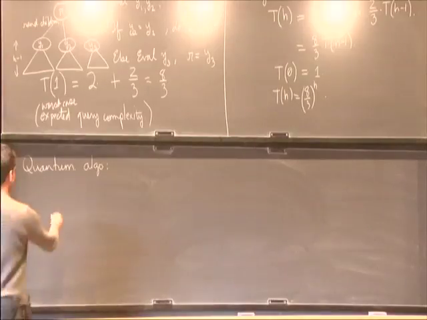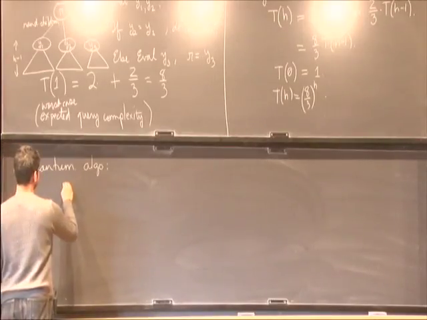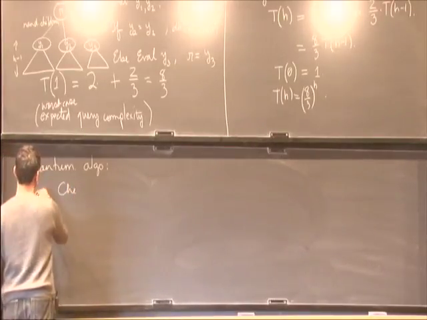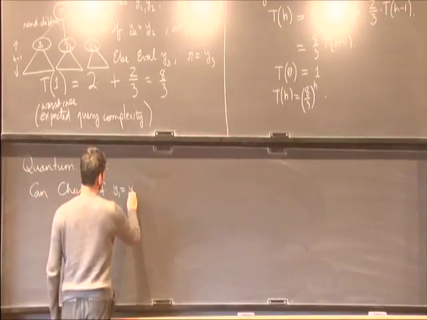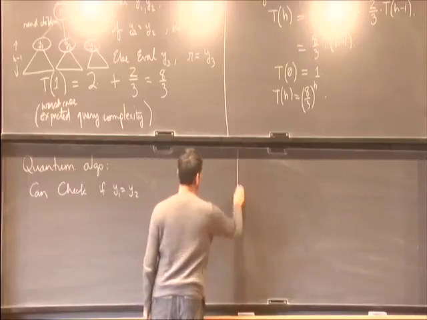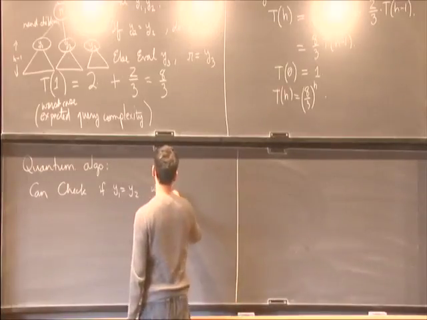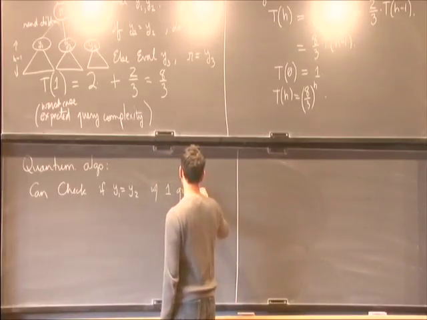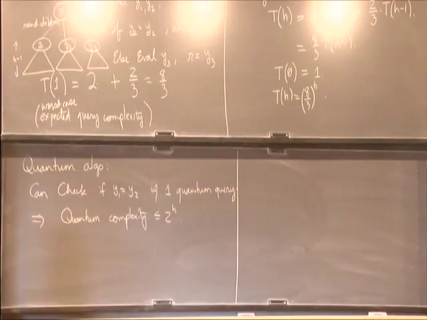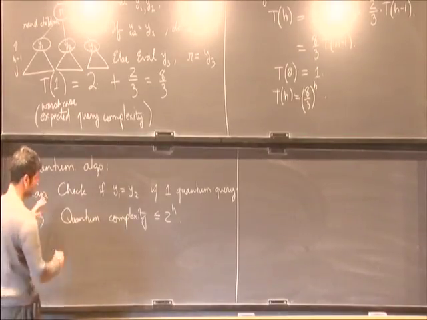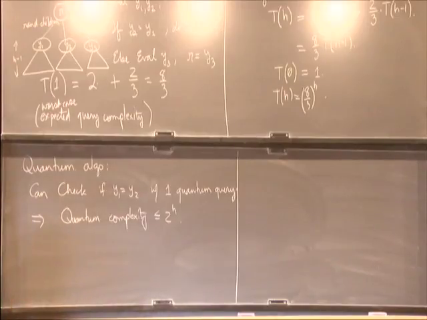You can check if y1 equals y2 with one quantum query. So there is a lower bound of 2 to the h, and maybe that's all I want to say about it at this time, because it would be a digression.